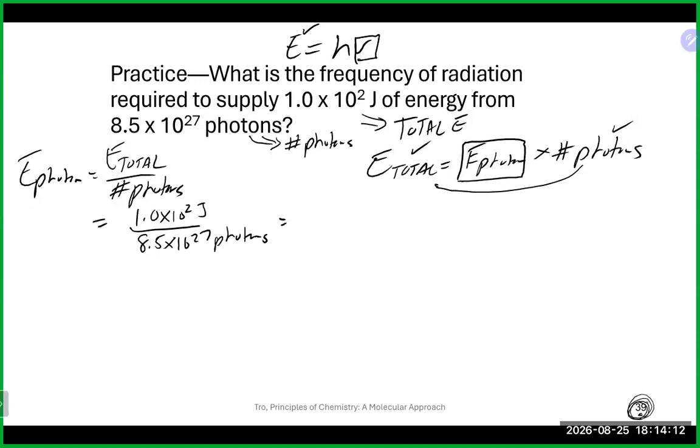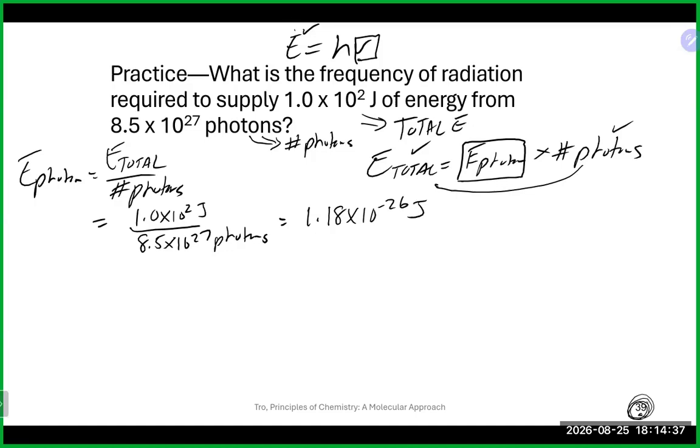Using our exponent button and dividing, that's going to give us something like 1.18, I'm not going to round just yet, times 10 to the minus 26 joules. And that again is our energy per photon.